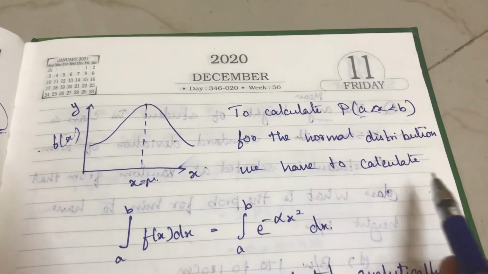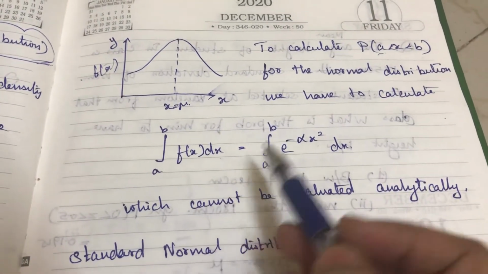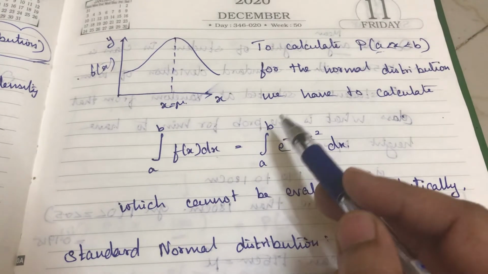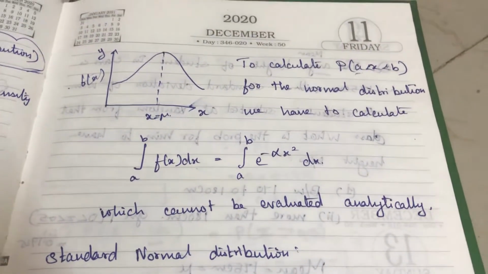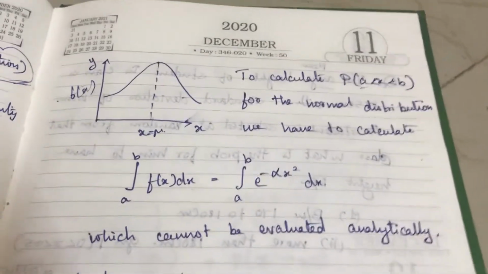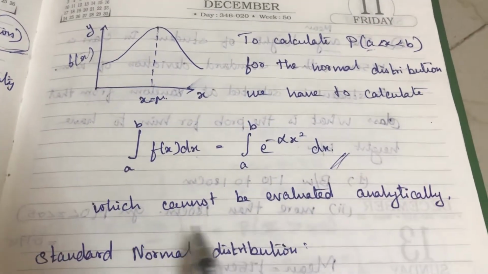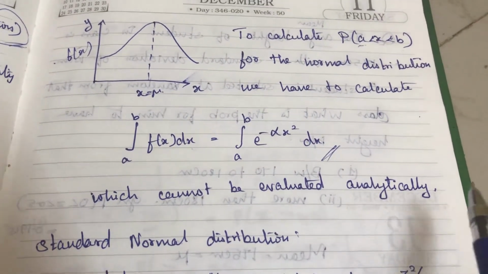So integral of f of x dx will be equal to the integral from a to b of e power minus alpha x square dx.